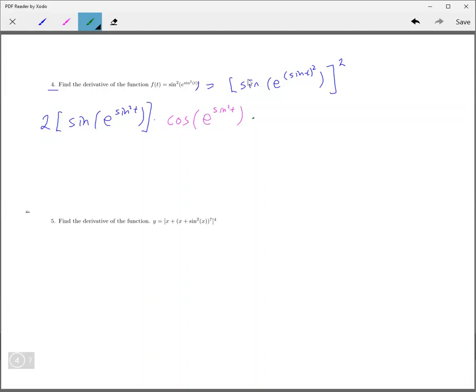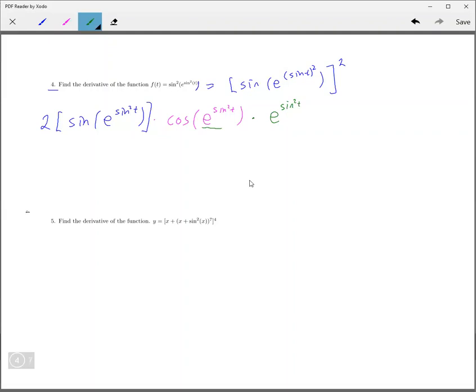So the sine is the outer here in this case, so the derivative of sine is cosine of this exact same thing. Then we multiply by the derivative of this. The outer function here of just this one is e to the u. So the derivative of e to the u is just e to the u. So we write that right there.